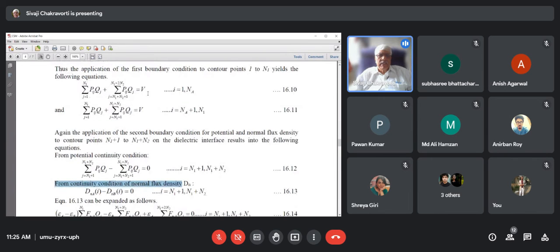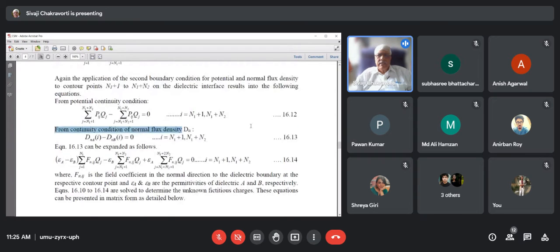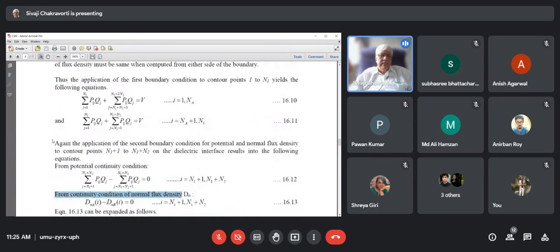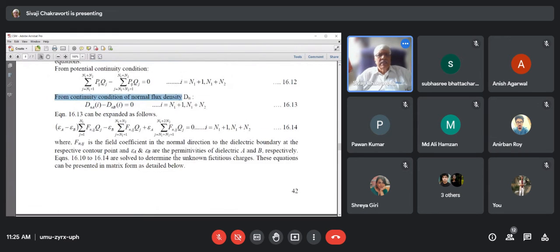But the third part is present from n1 plus n2 plus 1 to n1 plus 2 n2. So you can see the third part is present. In this way, in 16.11, I find that j is equal to 1 to n1 is present. So in the second set of rows, j is equal to 1 to n1 is present.